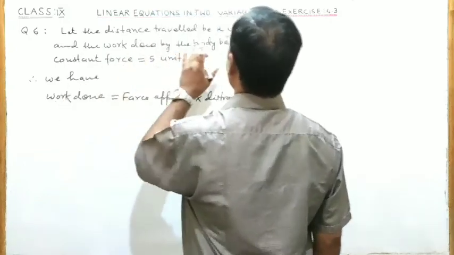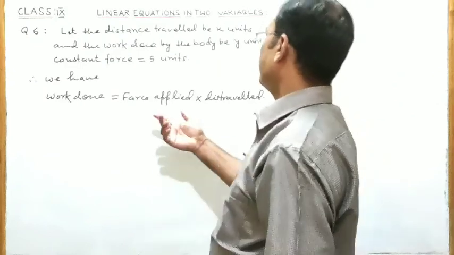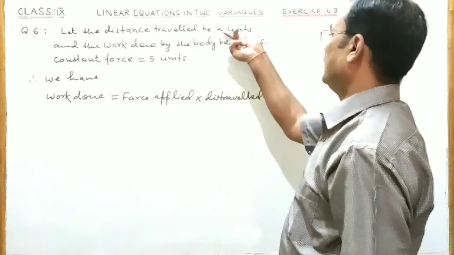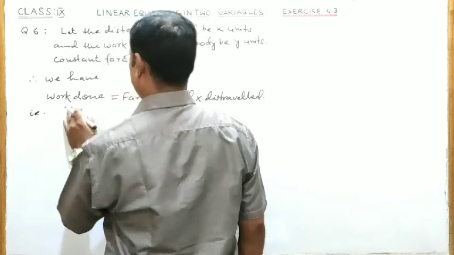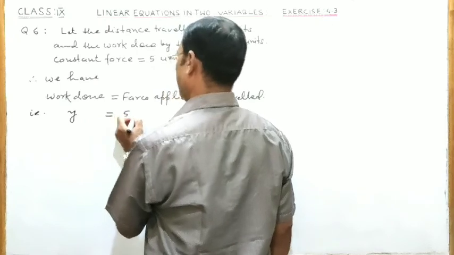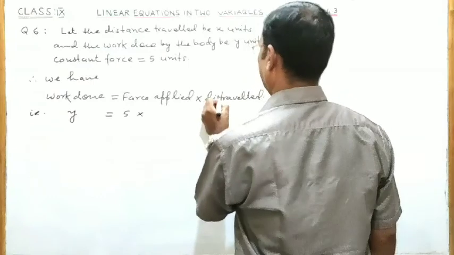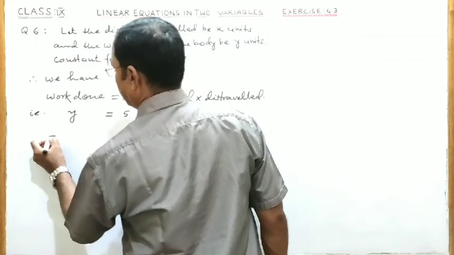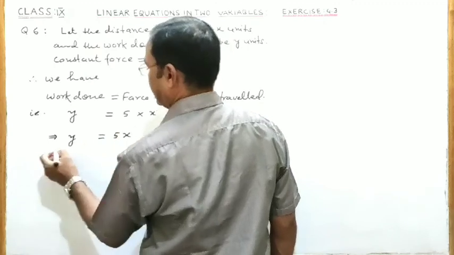Work done we are going to denote by y, and the force applied is already given 5 units, and distance travelled we will denote by x. So this can be written as work done y is equal to constant force 5 into distance travelled x units. So this implies y is equal to 5x.